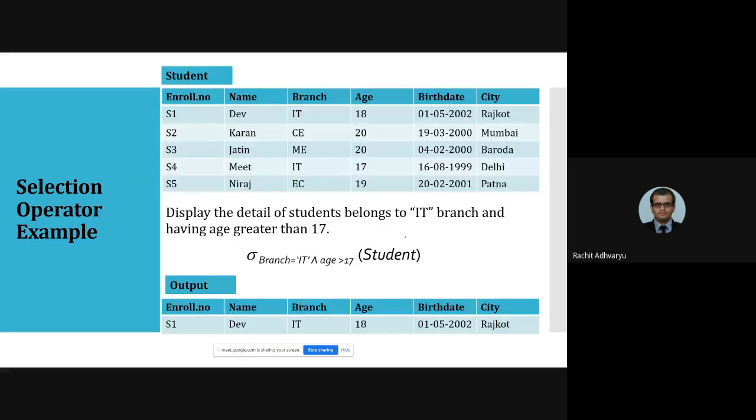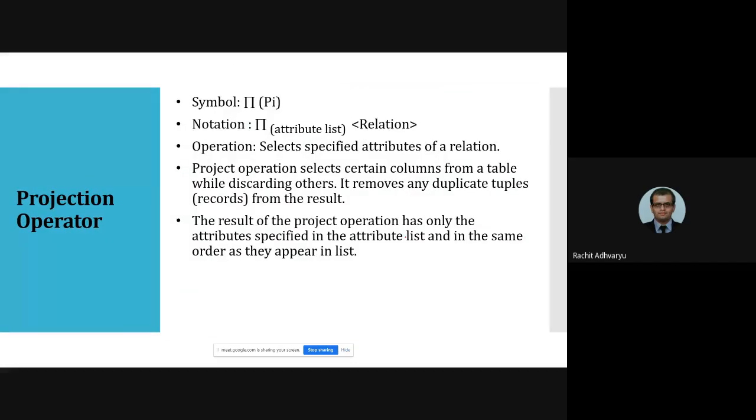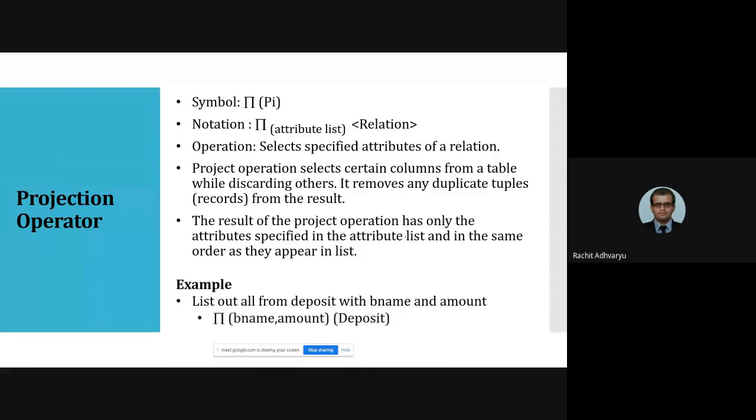Similarly, the projection operator is mainly used to fetch specific columns from the table. We do not mainly focus on conditions, but we focus on particular column names, the specific columns that we want to retrieve from a table. The syntax will be like this: pi, and into bracket whatever columns you want to fetch from the table, and then the table name.